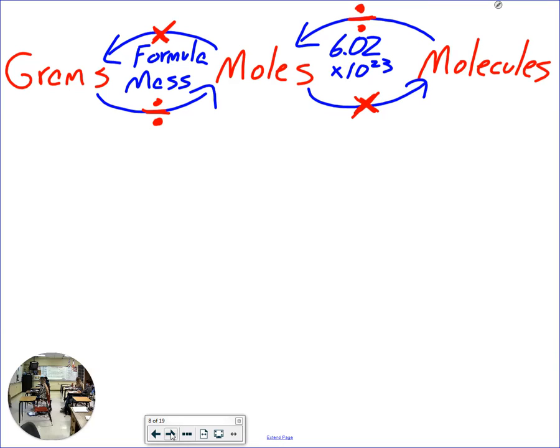Then I'm going to multiply it by the mole number. If I'm given a number of molecules and I want to know how many grams that would be, I'm going to divide it by the mole number to turn it into moles. Then I'm going to multiply it by the mole mass to turn it into grams. Okay? You can start in the middle and go either way. That's just like a road map.